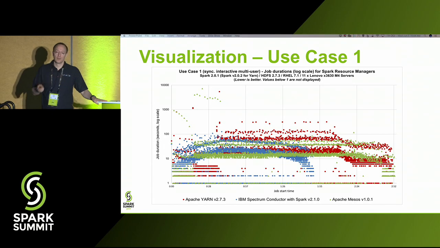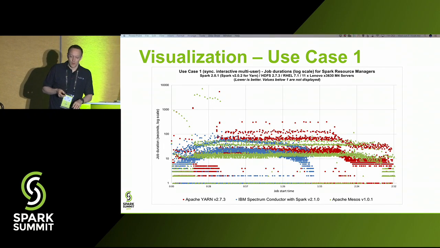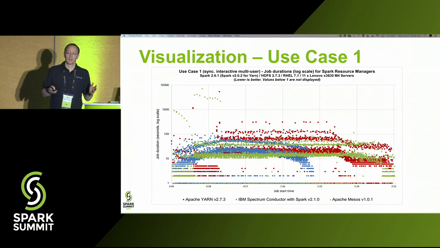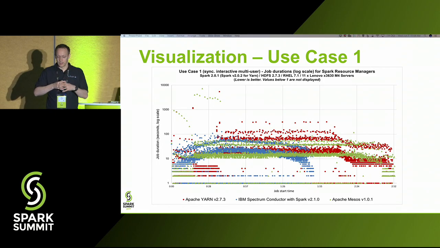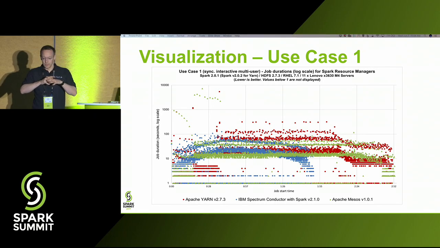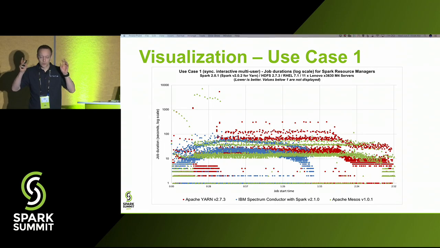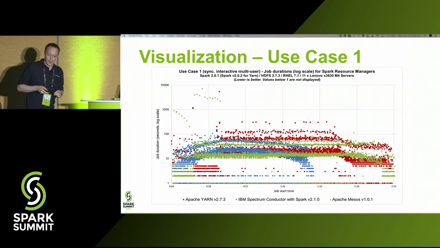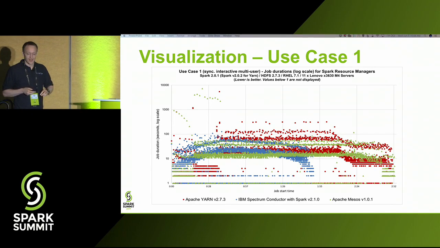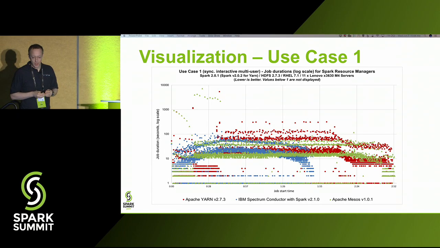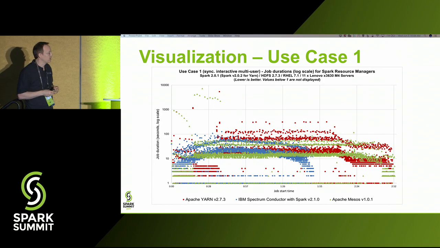So you can see a few things from this. The first obvious thing, again, the colors here: the red squares are Yarn, the green triangles are Mesos, if I get my shapes correct, and the blue dots are the IBM product.